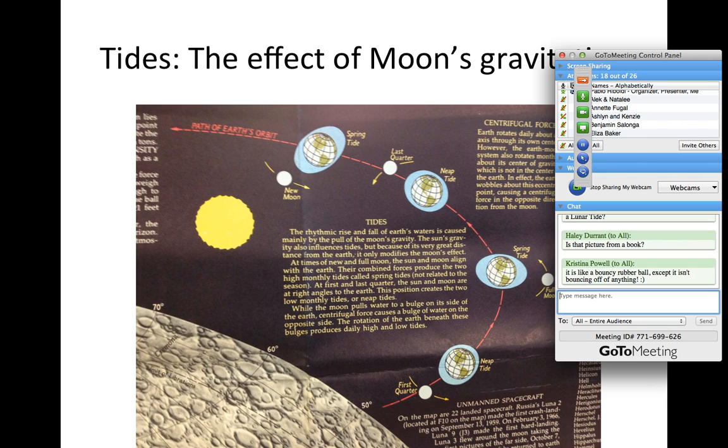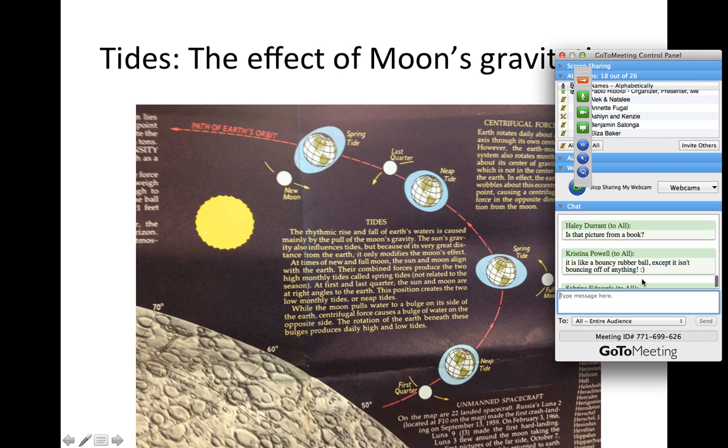Now, when the moon and sun combine, then you have the spring tide. When the moon and sun don't combine, then you have the nip tide. It's because the moon is a lot closer. Even though it is smaller, it is a lot closer.